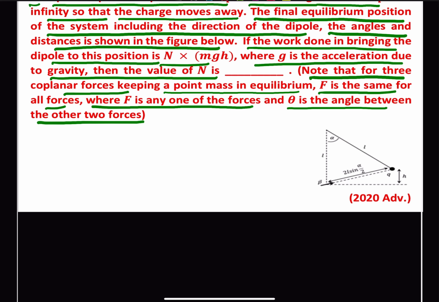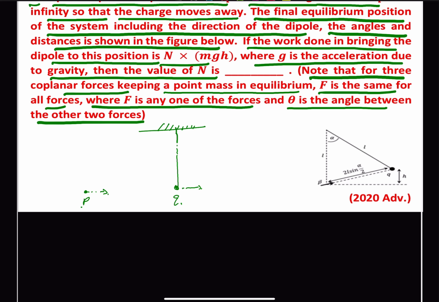Initially we have a charge Q which is vertical, and we are bringing a point dipole P close to it, and the string is fixed at this particular end. As the dipole comes close, the charge will be pushed along in this direction.